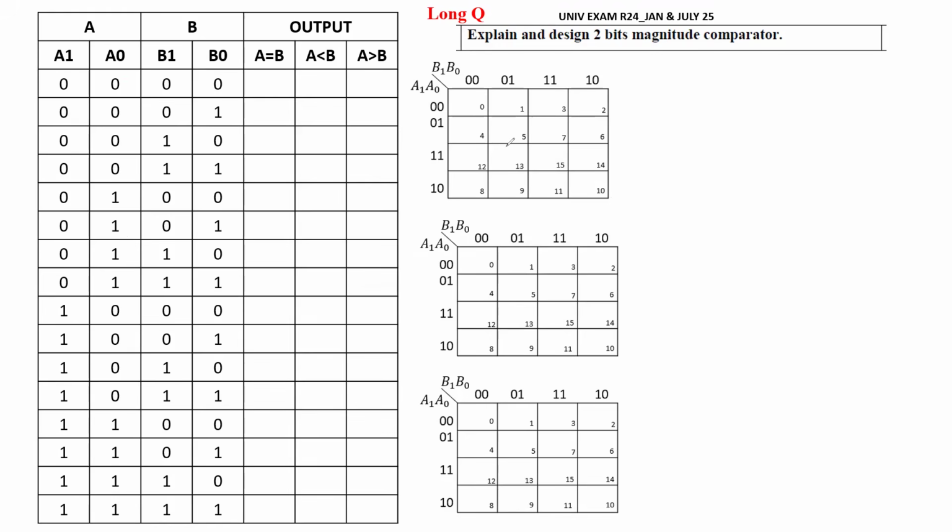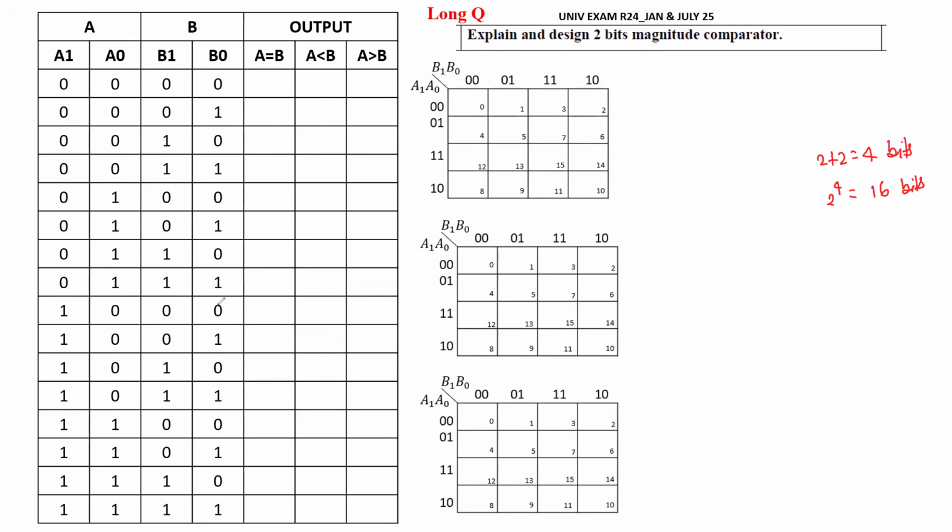So here, if each number has 2 bits, how many bits in total will we get? 2 plus 2, 4 bits. With 4 bits, how many combinations will we have? 2 to the power 4 is 16. So 16 combinations means you can write the tabulation like this.